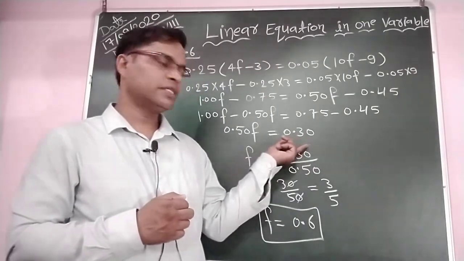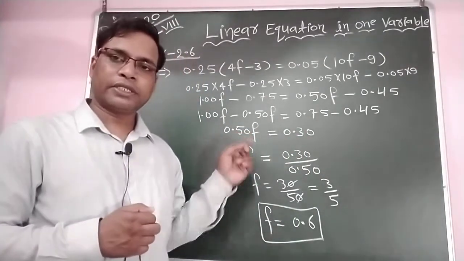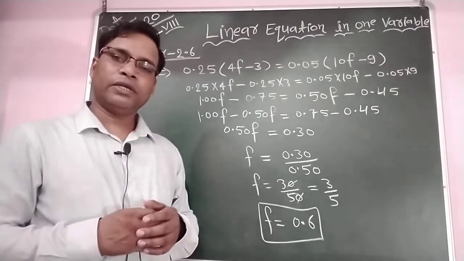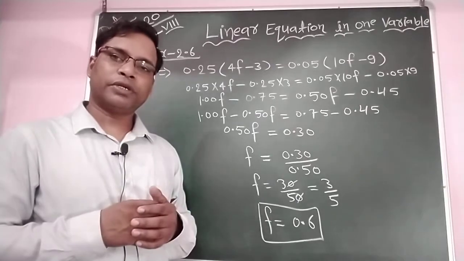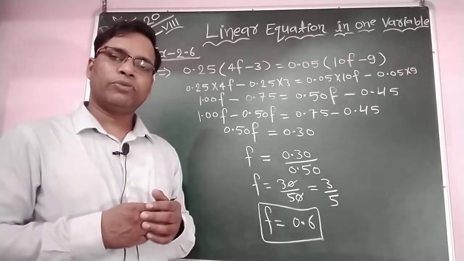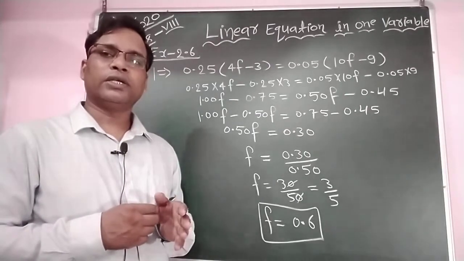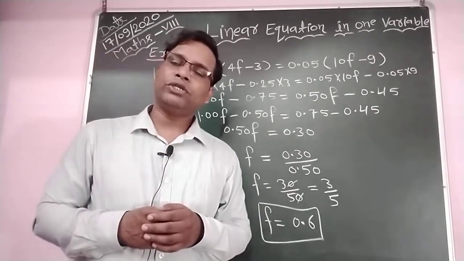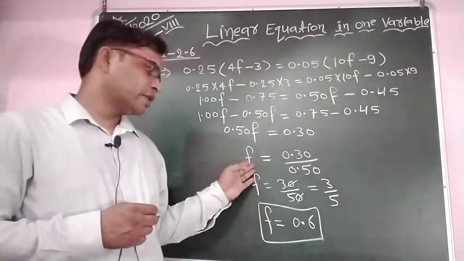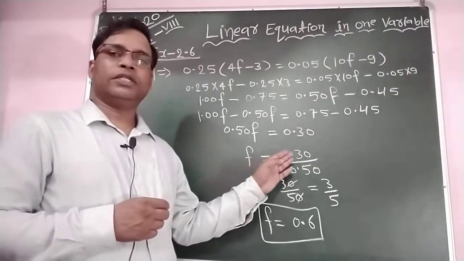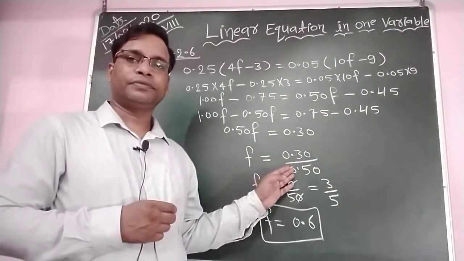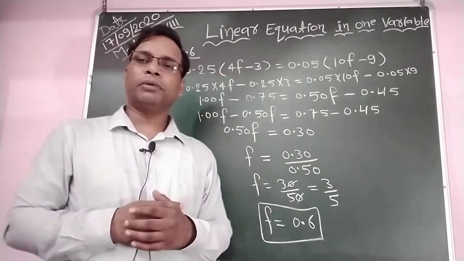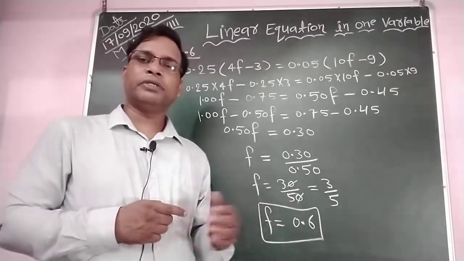Now on the left hand side f is multiplied by 0.50, so we transpose this 0.50 to the right hand side, then 0.30 is divided by 0.50. So f is equal to 0.30 upon 0.50. If you multiply numerator and denominator by 100, we obtain 30 by 50.